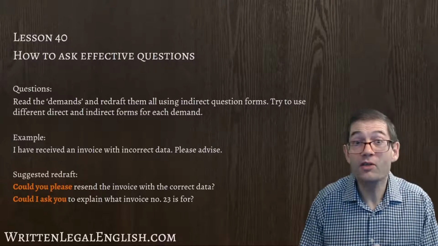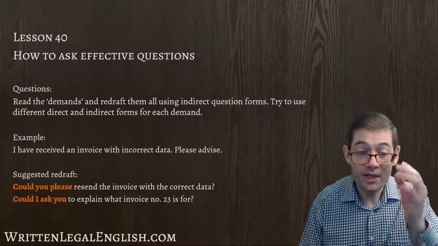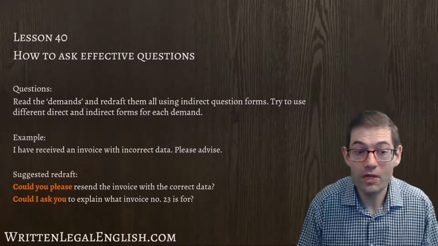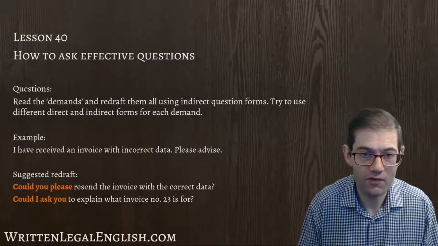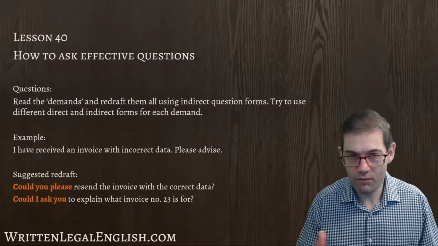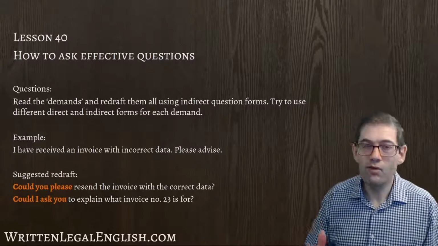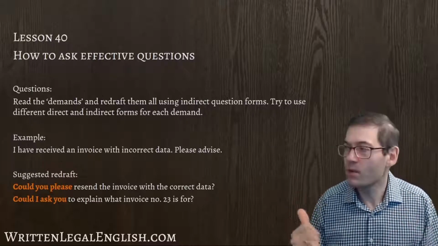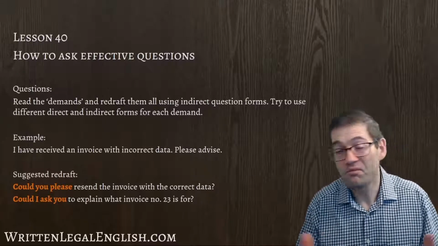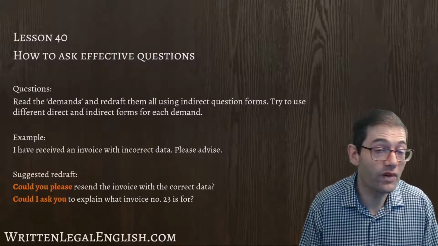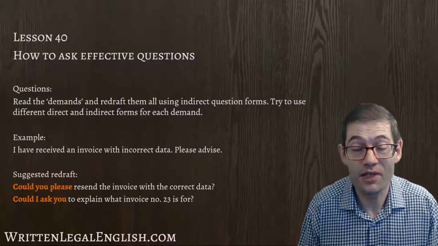Could you please resend the invoice with the correct data, or could I ask you to explain what invoice number 23 is for? There is no one correct answer as regards your interpretation, because of course, if you receive a quasi question like that, then the only person who knows what the question really is is the person who wrote it in the first place.